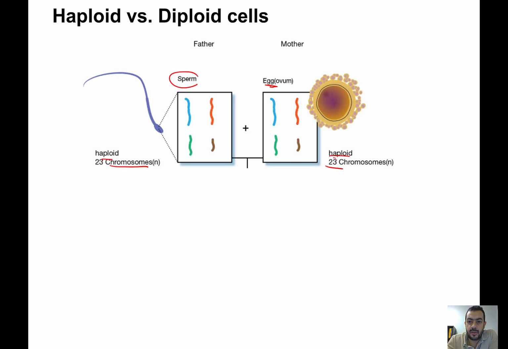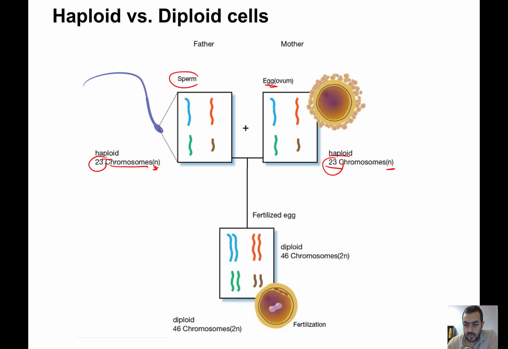So in our case, human, we have 23 chromosomes. The father's sperm will have 23 chromosomes, so it's haploid. The mother's egg will be a haploid egg also, because it has only 23 chromosomes.